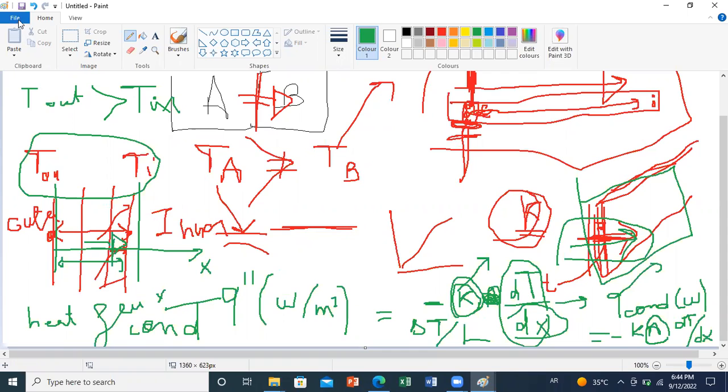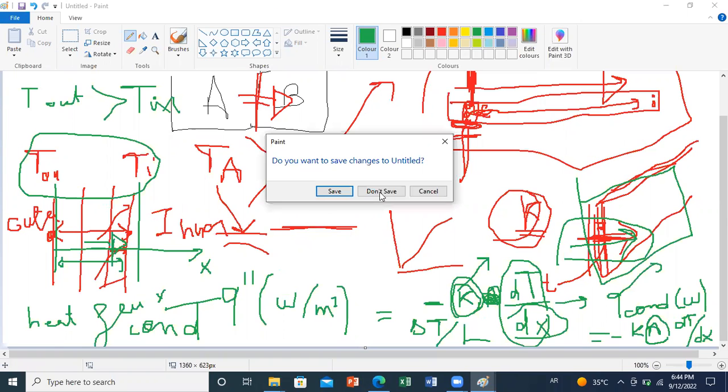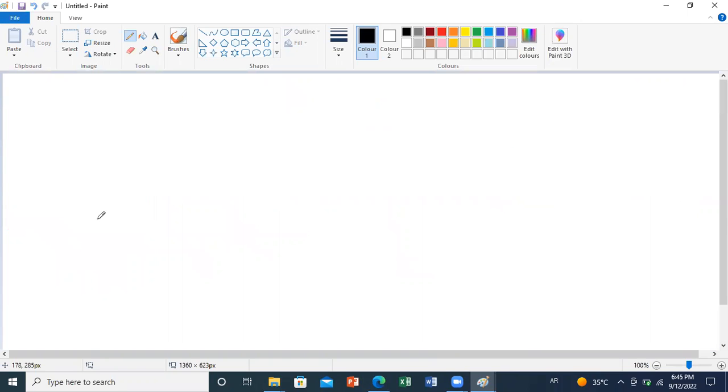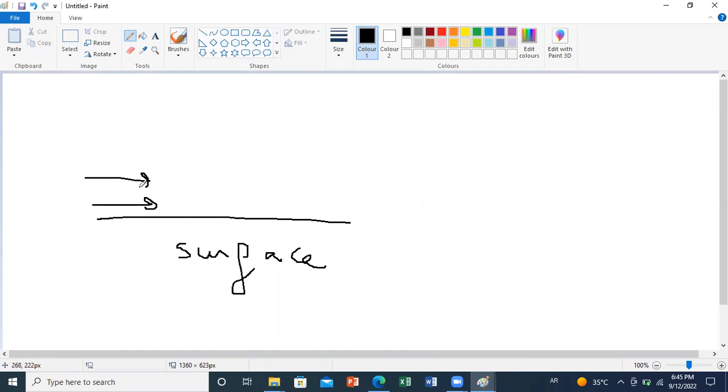Now, the second mode of heat transfer that we will focus on is convection. Whenever we have convection, we have interaction between a surface and a fluid. And in general, the fluid is in motion.